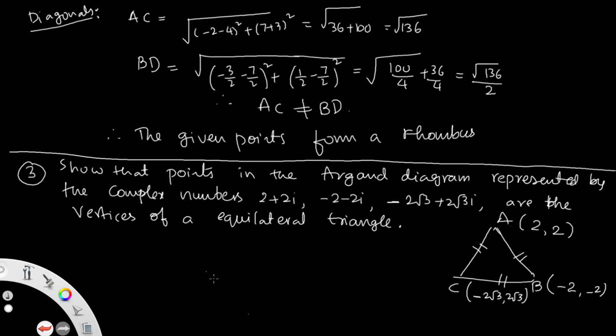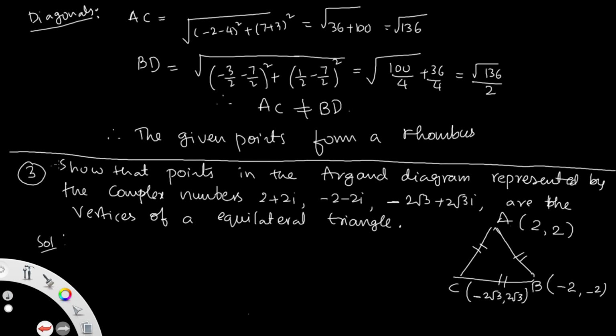Not a rhombus, as in the previous question, which is over. Just now find out the values for the equilateral triangle. In the same way we have to solve. First write down the points, changing the complex numbers to point form.